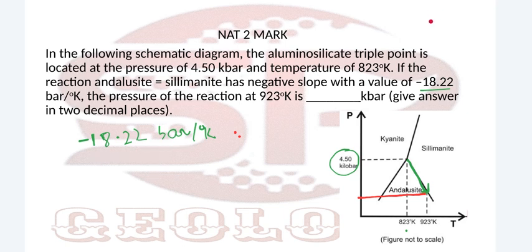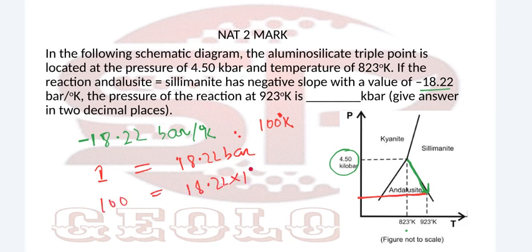Here the temperature changes by 100 Kelvin, from 823 to 923. So in 1 Kelvin the pressure decreases 18.22 bar, and in 100 Kelvin it will decrease 18.22 into 100 bar.